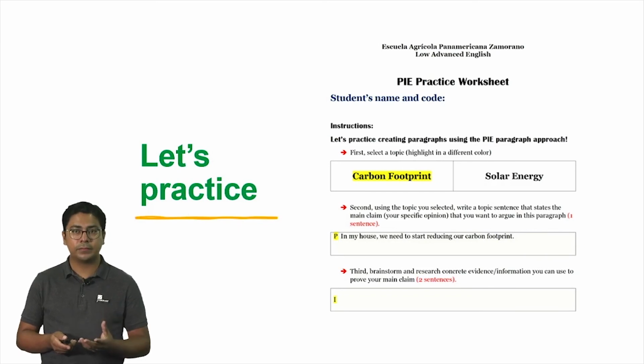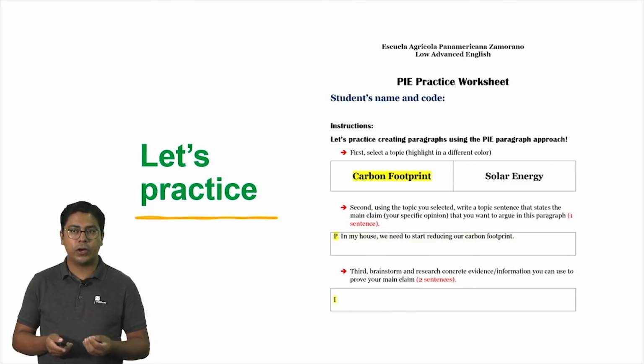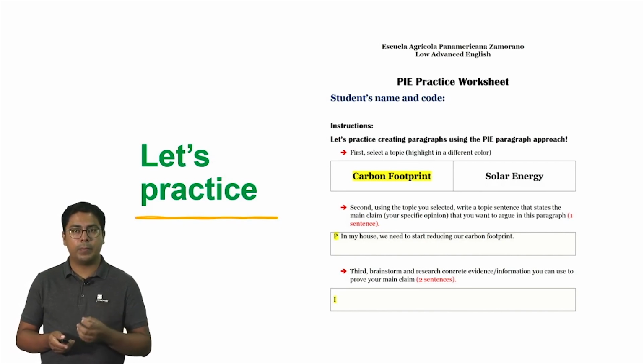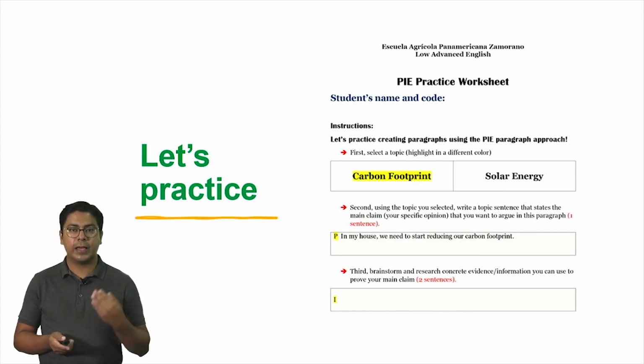Once you have that, you can research for concrete evidence, go online, look for information on the topic, and write about 2 sentences for your claim. In this case, you need to paraphrase, quote, and give an in-text citation, and finally write a sentence to explain how your illustration is helping or supporting your topic sentence.